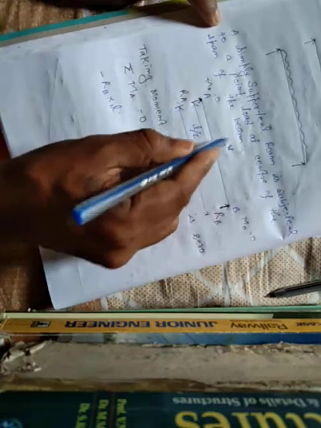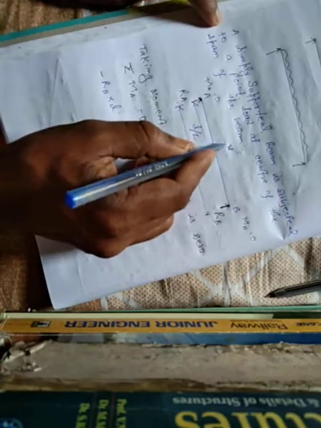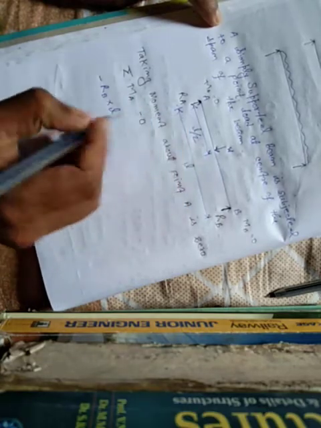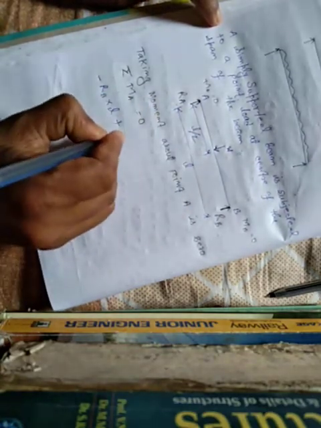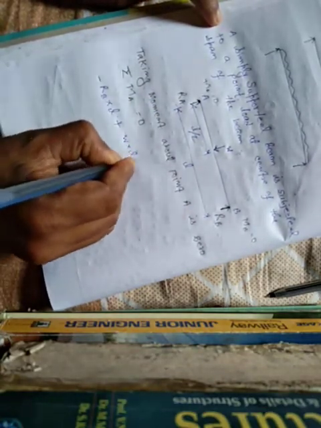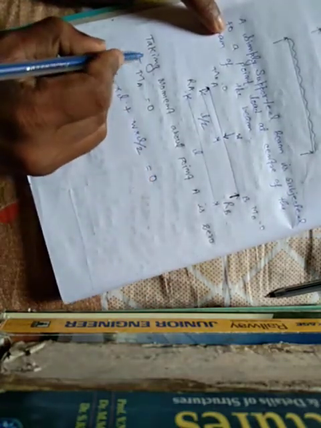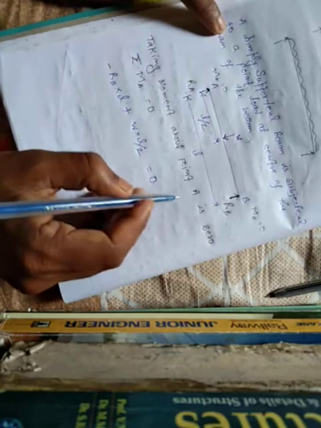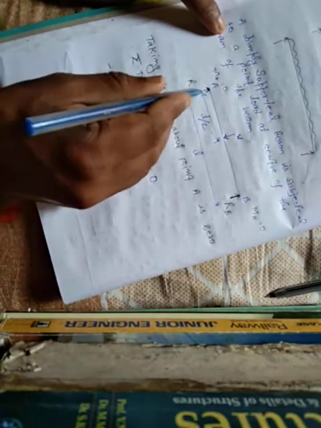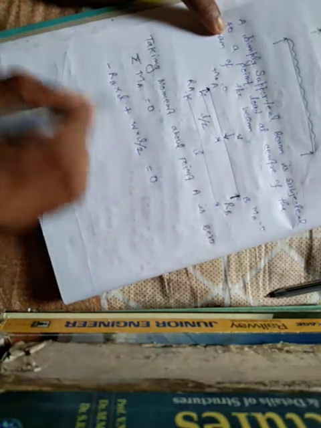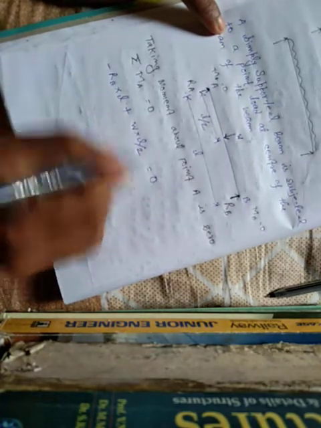By this load the moment at point A will be W into L by 2, which is positive. So RB into L, negative, plus W into L by 2, equals 0, because we consider the moment about point A equals 0. This is the total moment about point A. Now find out RB from this equation.